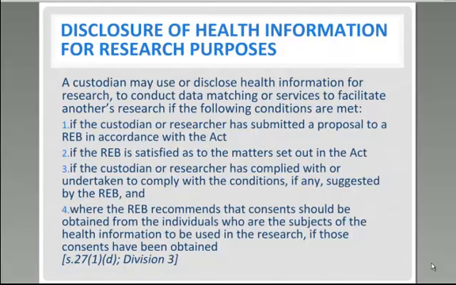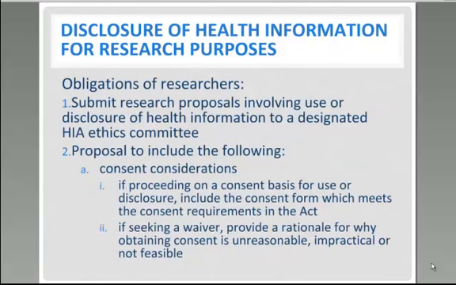The next slide indicates the obligations of the researchers. So we can walk through how the process works from both the perspective of the researcher and what they have to do and the custodian and the REB. So researchers have to submit the research proposal, and the proposal has to include certain elements in it.